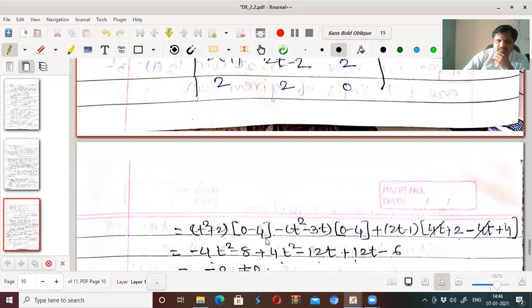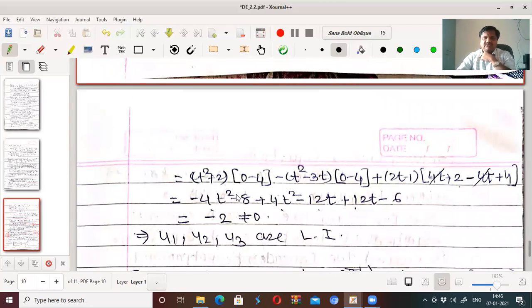So it is equal to minus 4 times t square plus 2, that is minus 4t square minus 8, minus 4 times minus of t square minus 3t, that is plus 4t square minus 12t, because minus minus is plus, and then 2 plus 4 is 6, 6 into 2t is 12t, minus 6. So minus 4t square plus 4t square is 0.